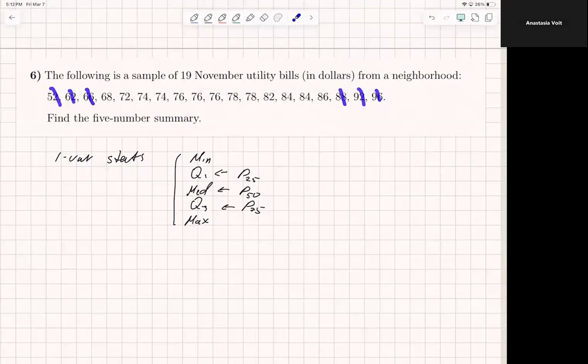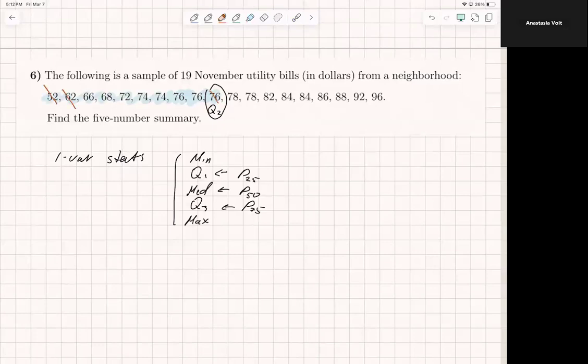just marking or crossing all the values until we reach the middle, right? So this is our Q2, or median, 76. And now again, we keep the 76 for this portion and for this portion. So for this portion, again, what do we have?